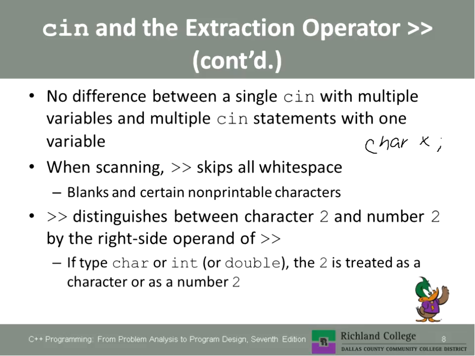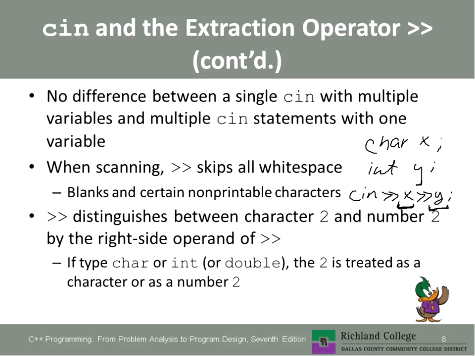So if we have a character X, and then we have an integer Y, and then we're going to do cin X and then Y, the stream extraction operator first looks at it: I need to get one single byte off that bus, one single byte out of the input stream, and then I need to get an integer off of that input stream.